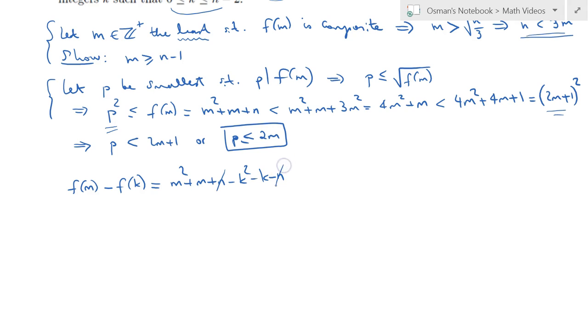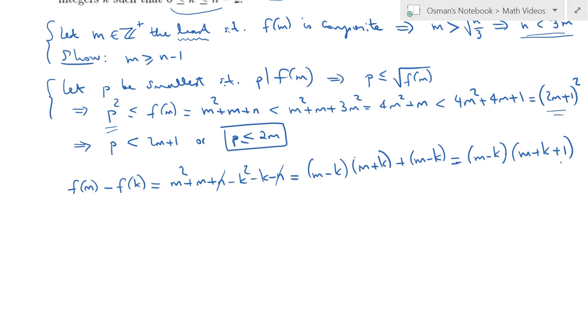The n's will cancel out, and then I can carefully factorize this expression here. So we have m minus k times m plus k, and then we still have m minus k. Factor out the m minus k, and we have this m plus k plus 1.